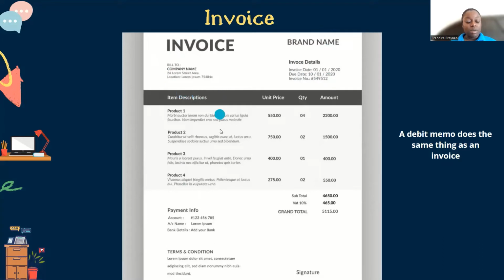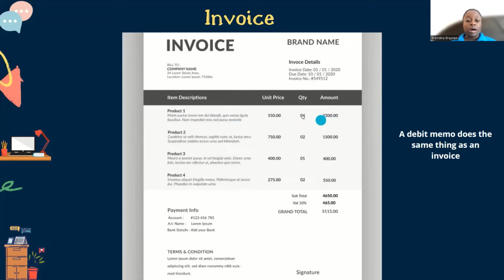And then we have a description of the items that are purchased. Unit price is normally the price for one of those items. Quantity is how much they're buying, and the amount represents the cost for this particular item at its unit price times the quantity, which gives you the full amount you're paying for all of these items in this line.